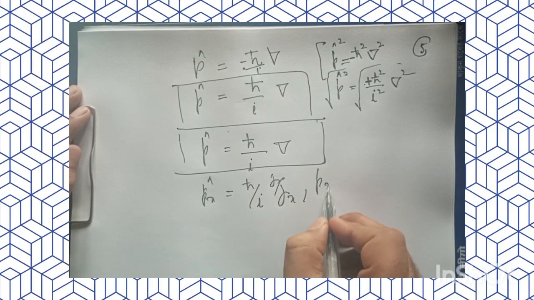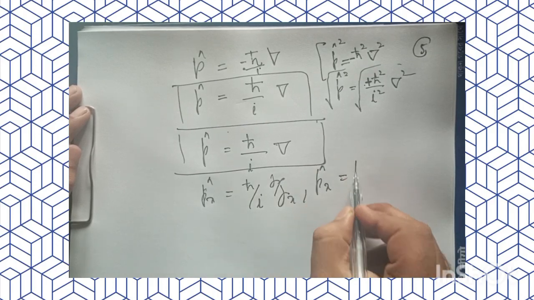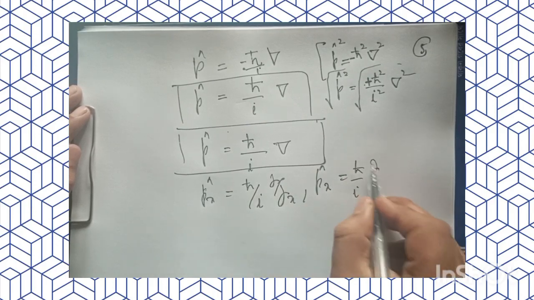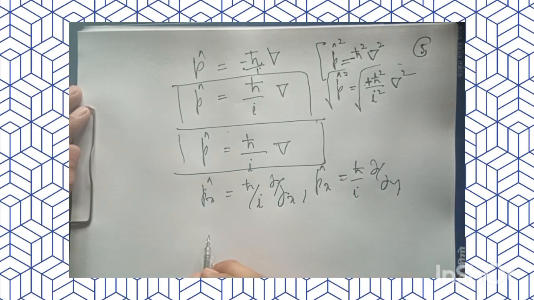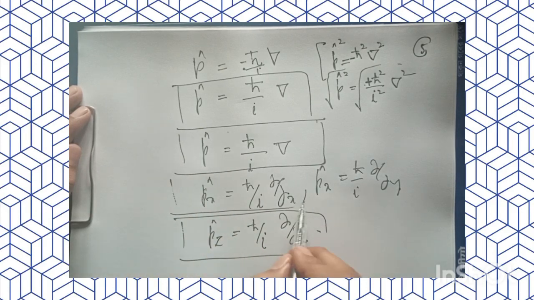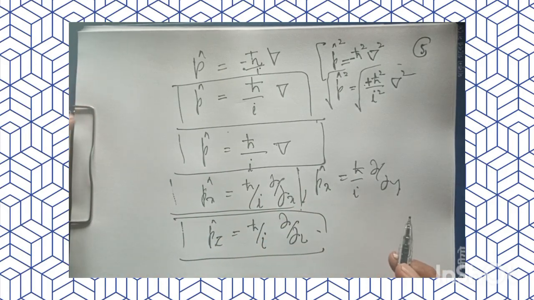And similarly, py will be h cross by i, dou by dou y. So similarly, we will have pz, that will be h cross by i, dou by dou z. So these will be the corresponding momentum operators along x, along y, and along z.